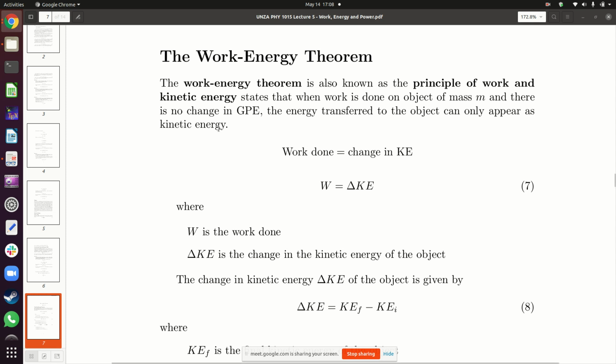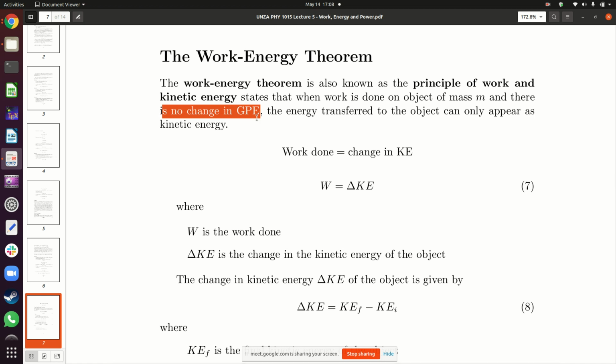Okay. Now, for you to use this principle, of course, you need to have a mass m where work is done. So you need to have an object on which you need to do work. And the other requirement is that there is no change in gravitational potential energy.